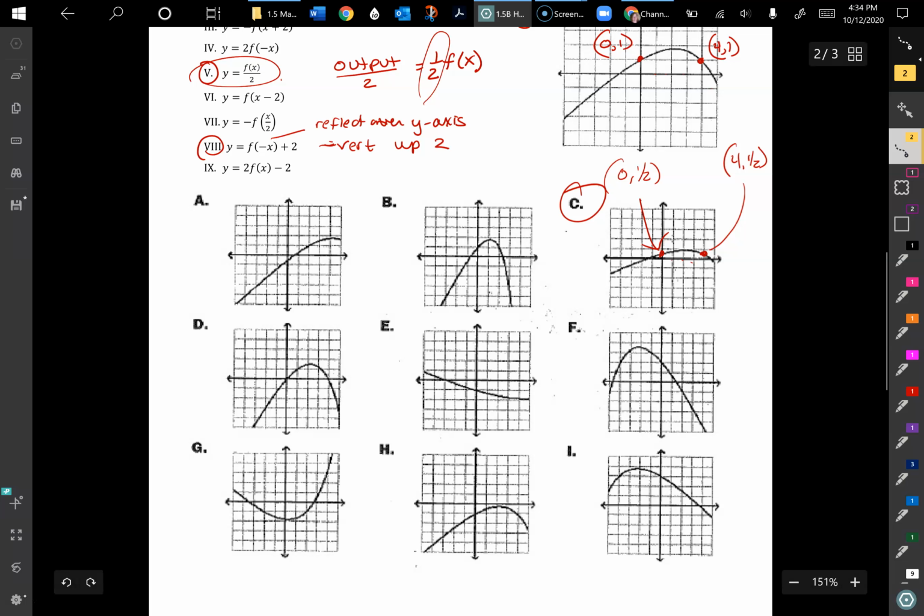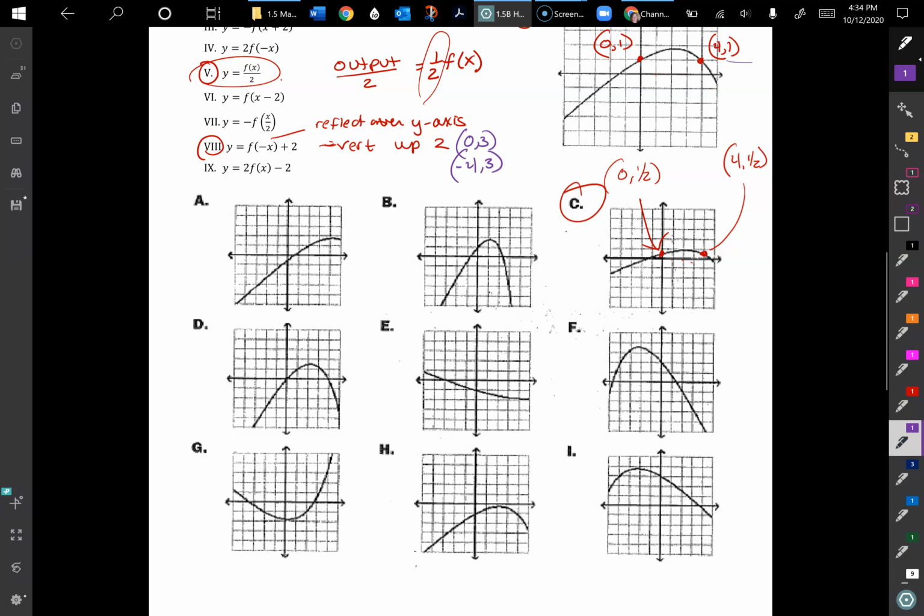So if I reflected, (0, 1) would still be on there, but then up 2, so I would have to have (0, 3) on that graph. And I would also have to have a (-4, 3). So let's see how those fit.